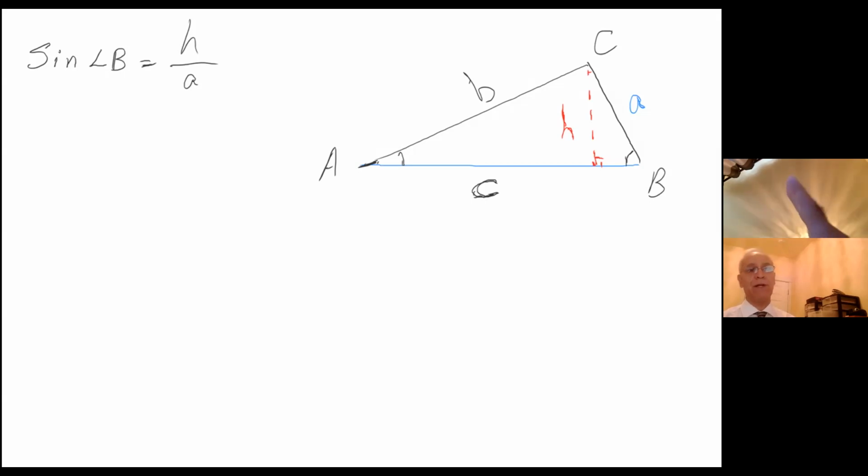Now let's look at the small triangle on the right-hand side and consider angle B. Sine of angle B equals the side opposite, h, divided by the hypotenuse of that smaller triangle, which is a. If I multiply both sides of this equation by a, I can claim that h equals a times sine of angle B.